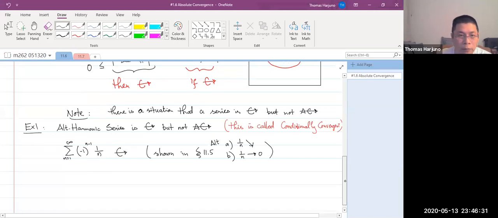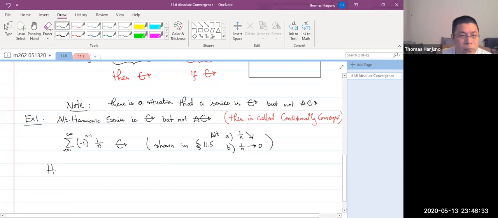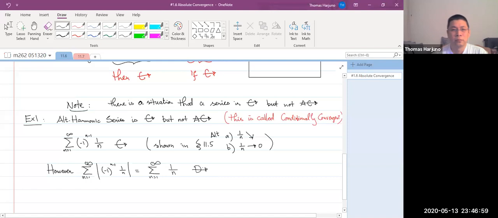However, the series of the absolute value, which gives us the harmonic series, we have shown to be divergent. That's what we call conditionally convergent.